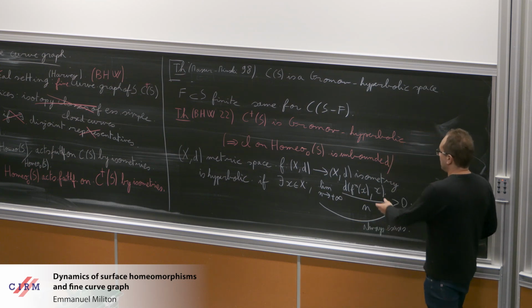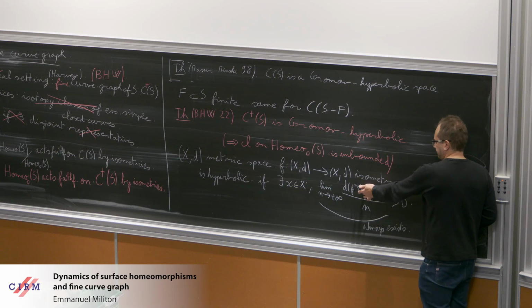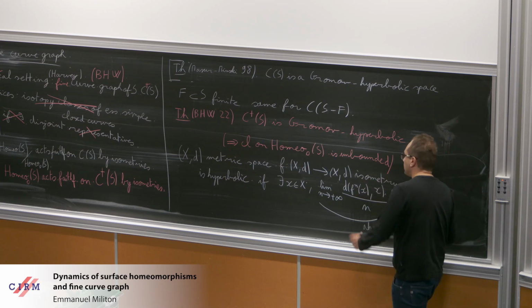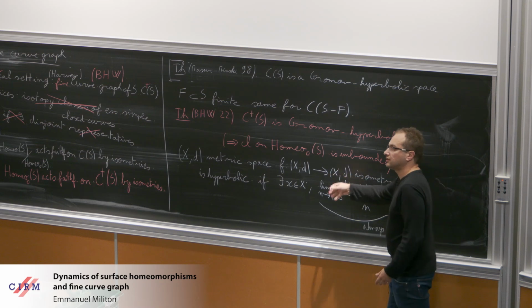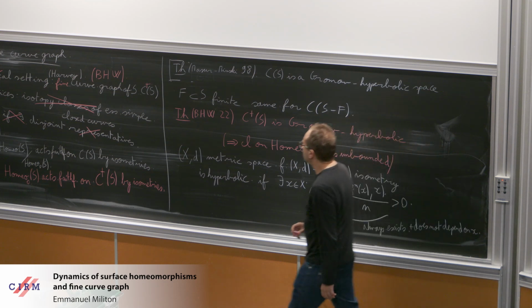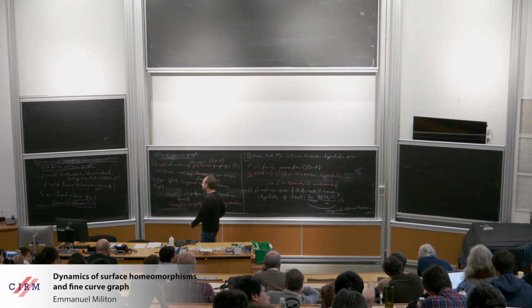And moreover, as f is an isometry, this limit does not depend on the chosen x. So here it is the same as saying that it's true for any y.